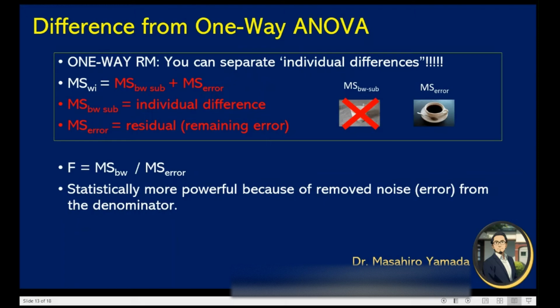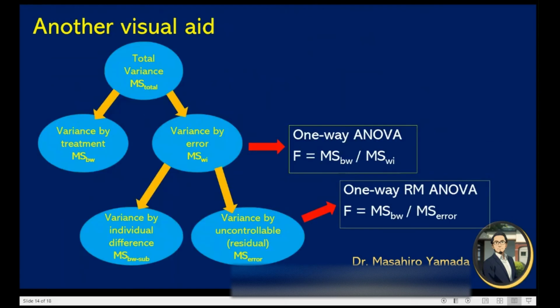The individual difference tends to be the largest source of variability. Therefore, it's statistically more powerful. Another visual aid to understand the difference between one-way ANOVA and one-way repeated measure ANOVA is the difference between these two versus the difference between this and this.